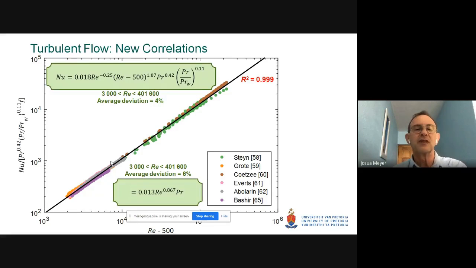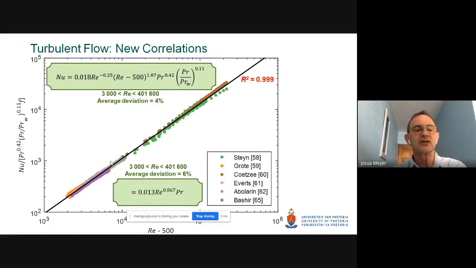It was then possible for us to have this very good correlation with an R-square value of 0.999. The result was that we could develop a new, more improved equation that can be used for turbulent flow with an average deviation of just 4%, which is within the 5% uncertainty of all our experimental data.